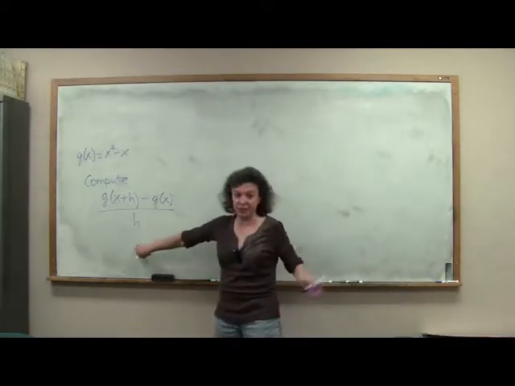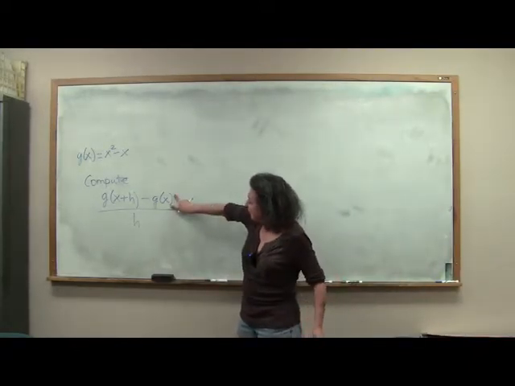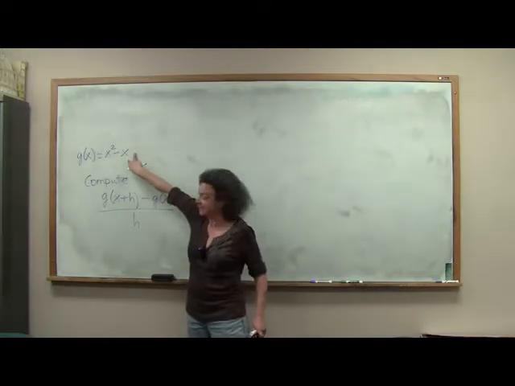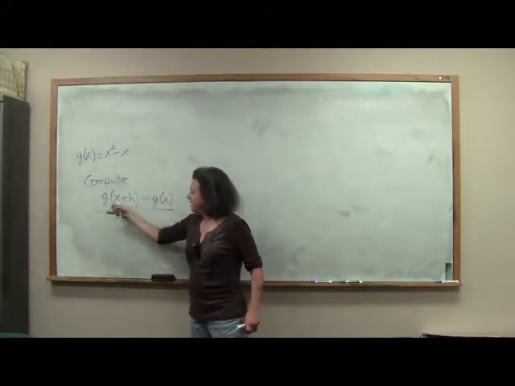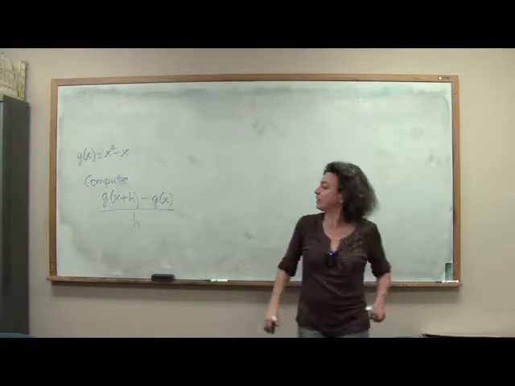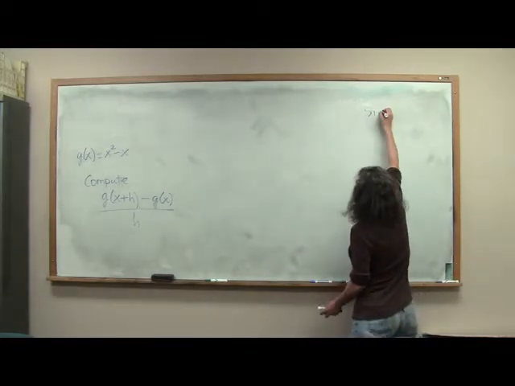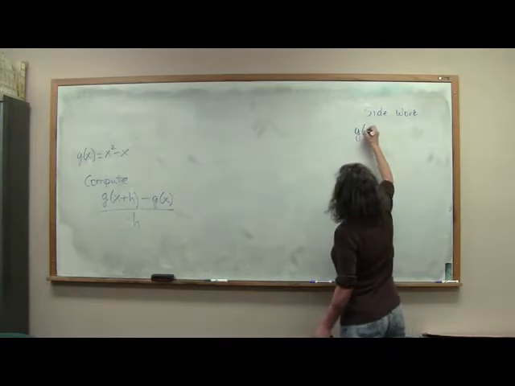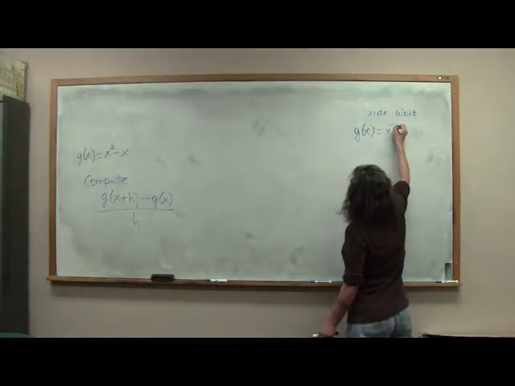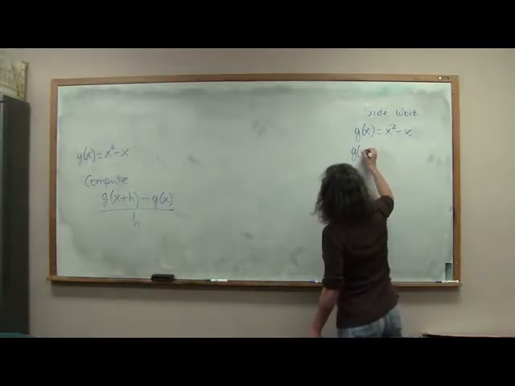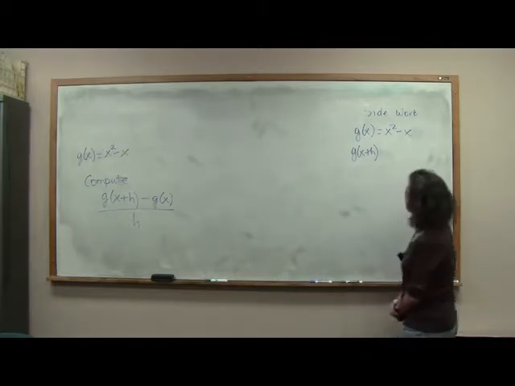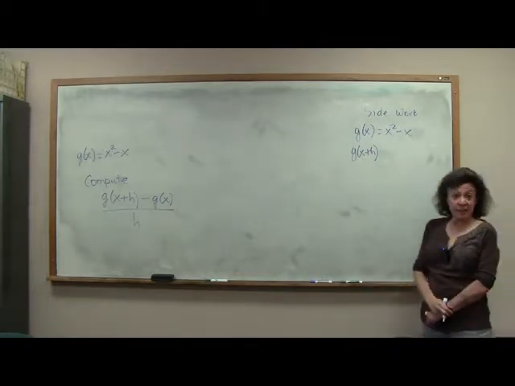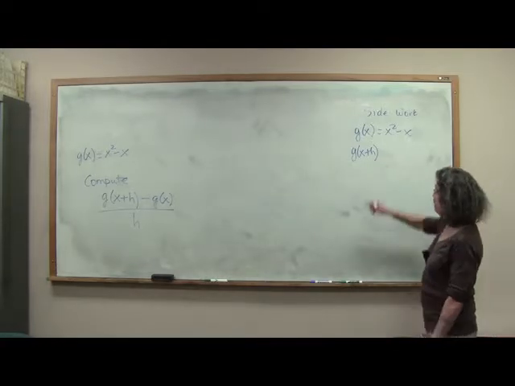Now, if we look at this in its entirety, that is so overwhelming. I mean, h is h. We're okay there. G of x, well, we know what g of x is. Okay? But this g of x plus h, let's deal with that. I'm going to call this side work over here, and we're going to compute g of x plus h. Again, what does it mean to compute g of x plus h?